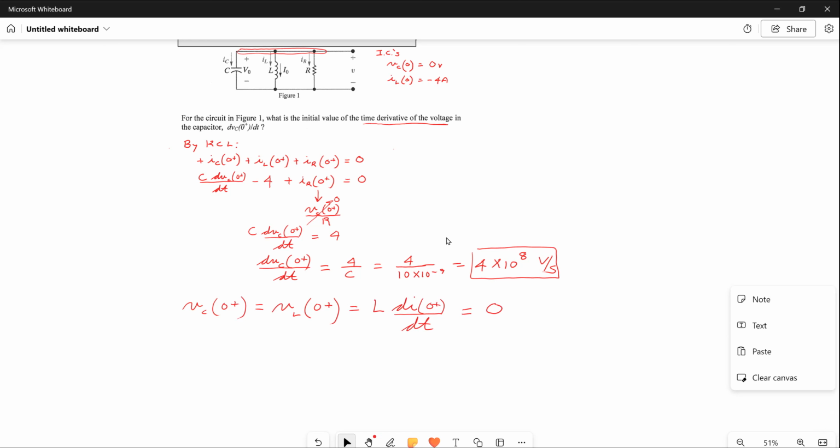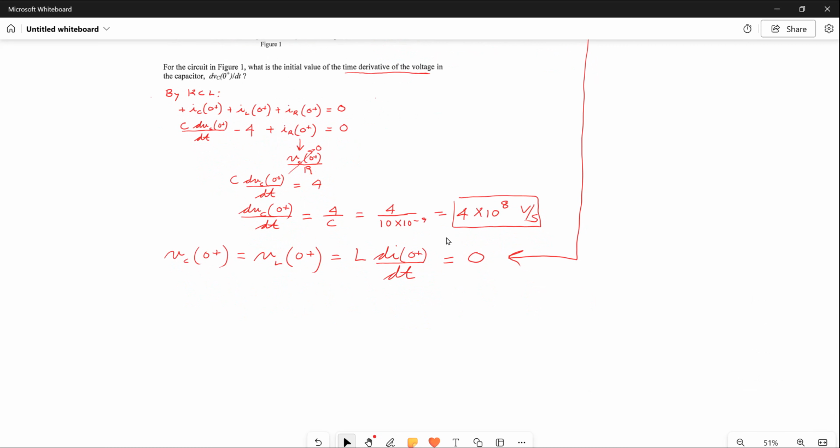Why? Because the voltage across the capacitor at time t equals 0 was 0 volts. So the voltage across the capacitor at 0 plus has to stay at 0 volts.